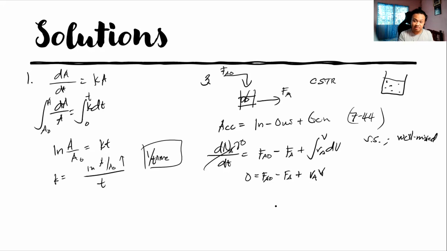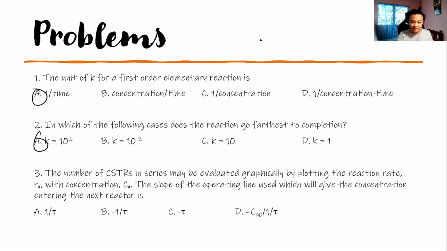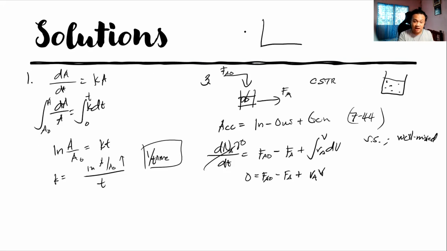Let's transpose that, because we are going for reaction rate RA with concentration CA. So RA is here and CA is here. We have to have RA on the y-axis and CA on the x-axis, so RA is the dependent variable and CA is the independent variable.